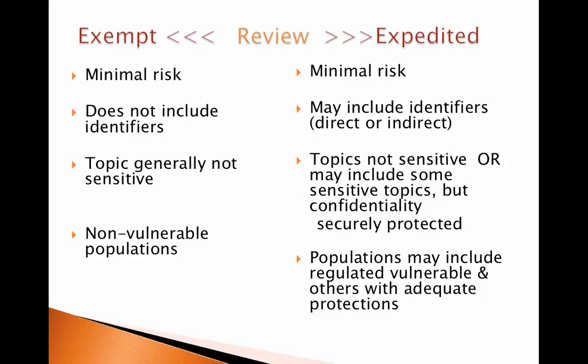Exempt research does not involve sensitive topics, whereas in expedited review, if it involves sensitive topics, there needs to be secure means of protecting the data. Exempt research does not involve vulnerable populations, whereas expedited research may involve vulnerable populations, but there must be adequate protections.